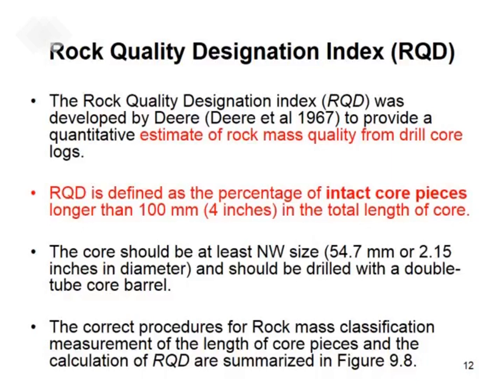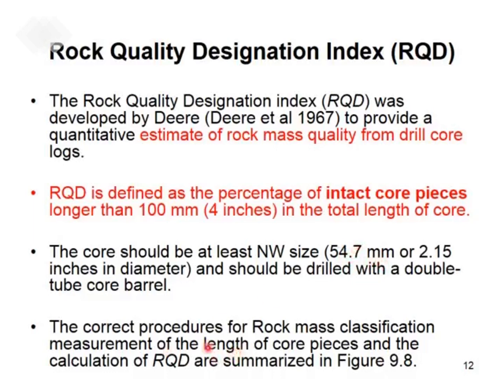The definition of RQD is the percentage of intact core pieces that have length more than 100 millimeter in the total length of core. And the diameter of core should be at least 54.7 millimeter.